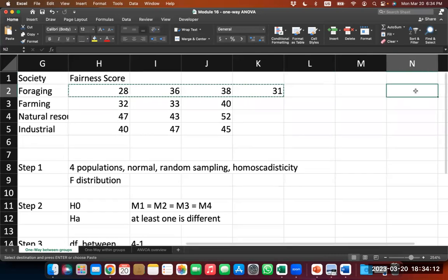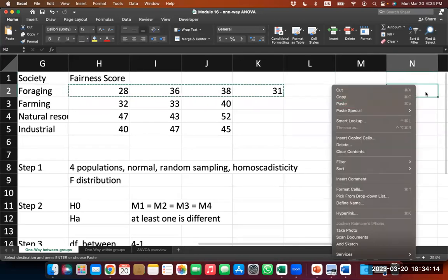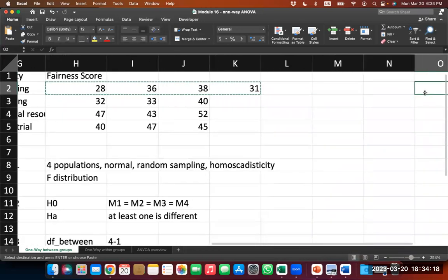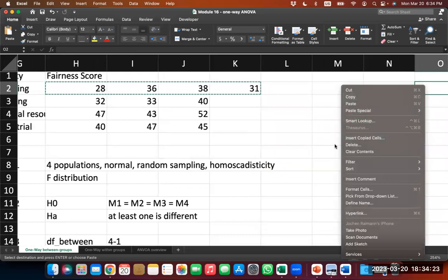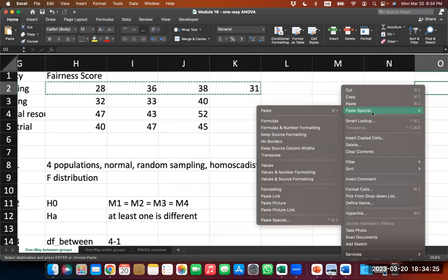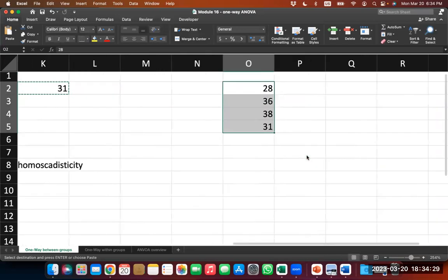You remember the long format. You click on the cell, let's take O2, and you click on paste special. When you click on paste special, you can do transpose. That's how it will transpose your values.